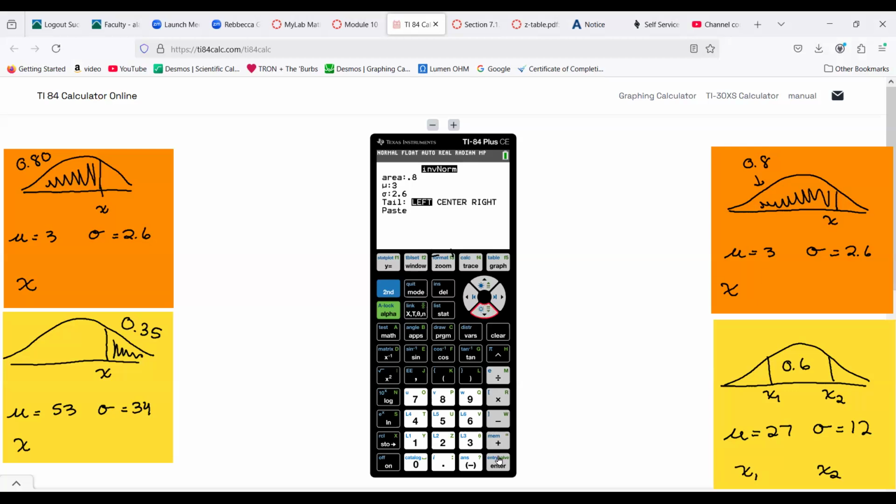And we're only doing to the left. The value for X would be 5.19. That means for this one, because it was the 80th percentile, it's the same problem. This one would also be 5.19.